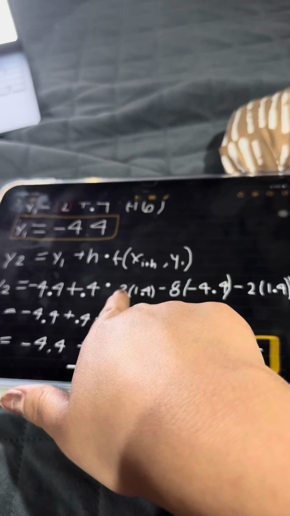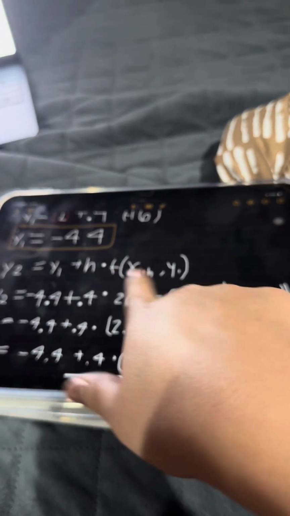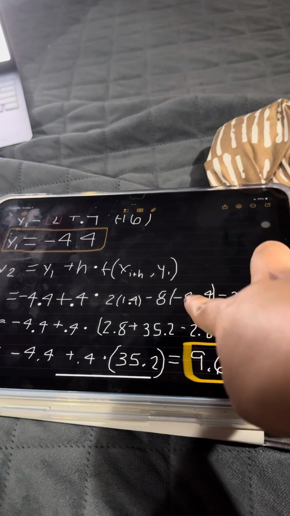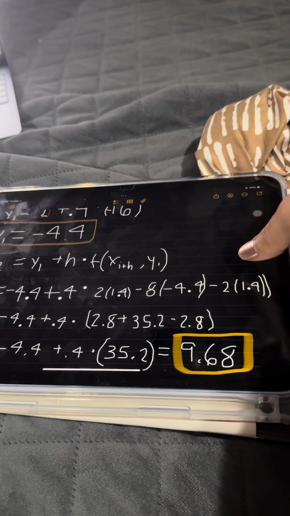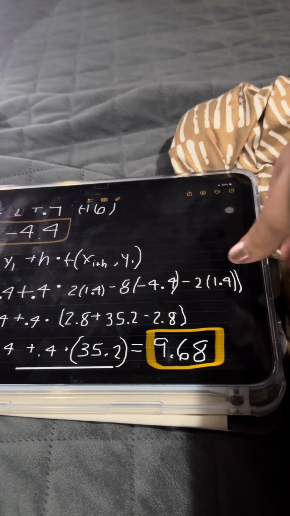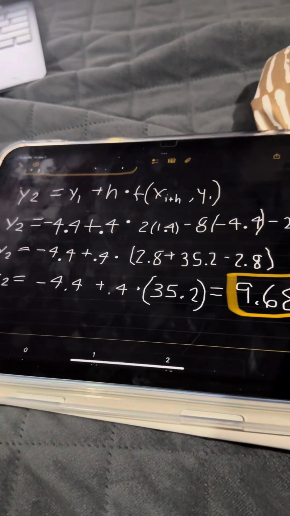So in this case, it was a 2 times an x, so it was going to be 2 times 1.4, minus 8. Here it was going to be a y. We're already in the second step, so here it's going to be y1, which is negative 4.4, minus 2. And then we had here an x, and the x is now going to be 1.4 because we added the step size.